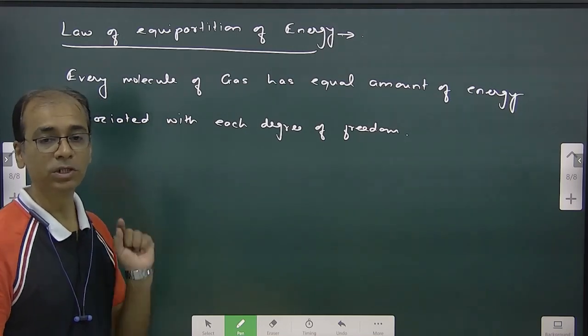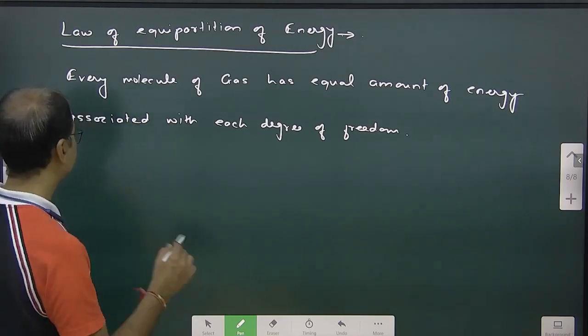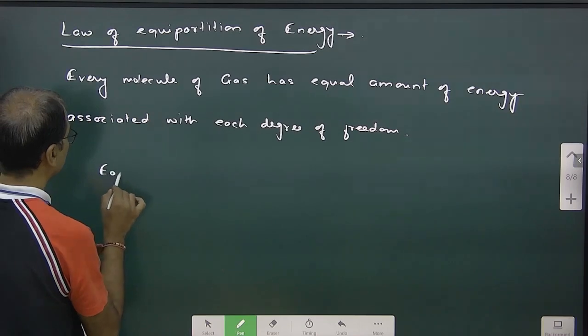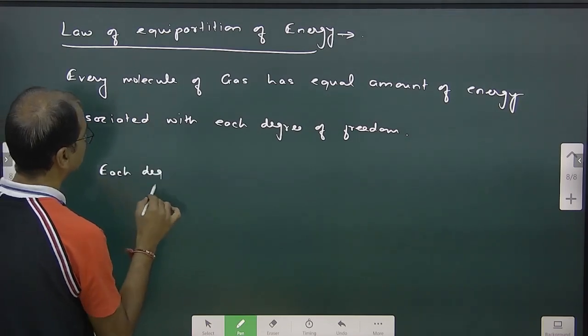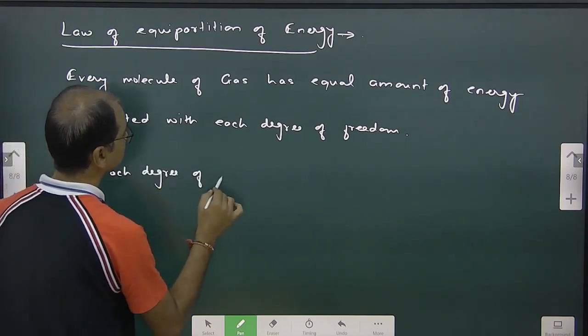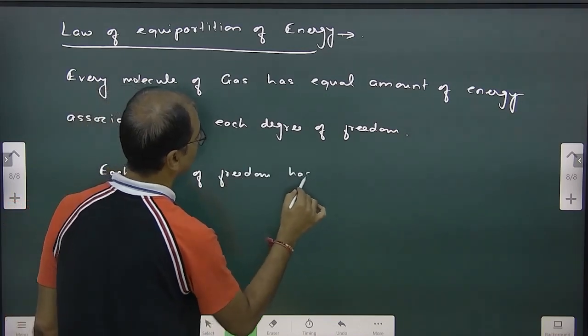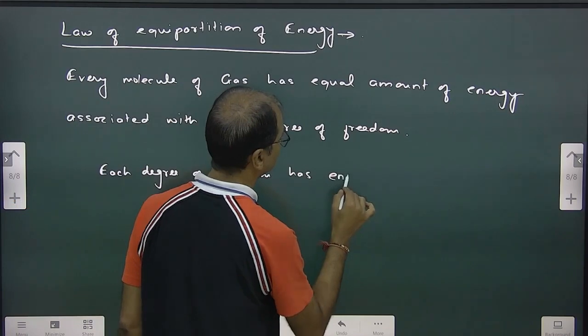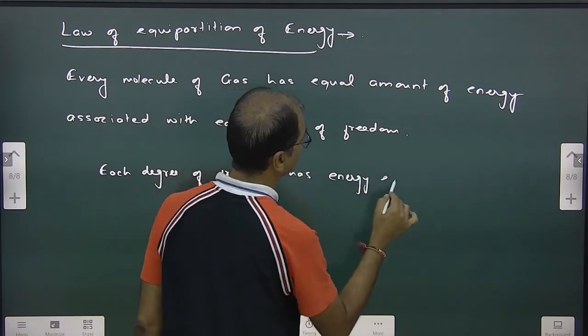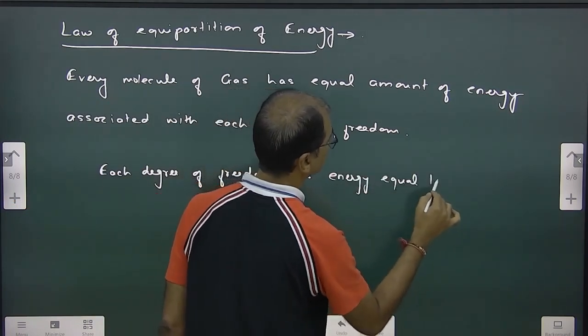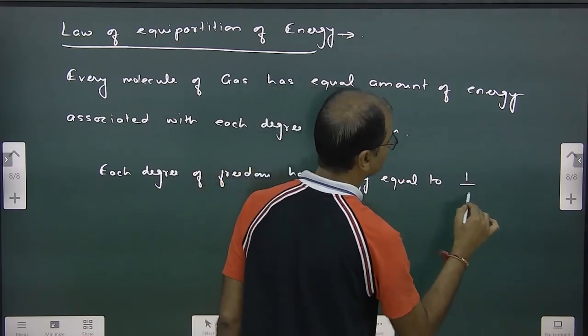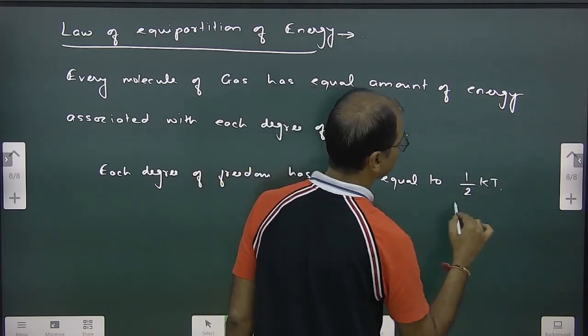Okay, and with each degree of freedom, how much energy? Each degree of freedom has energy equal to half kT. This is for a molecule, okay?